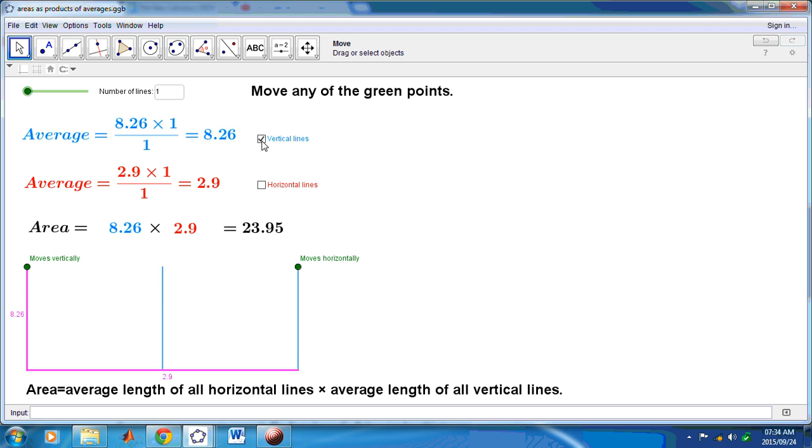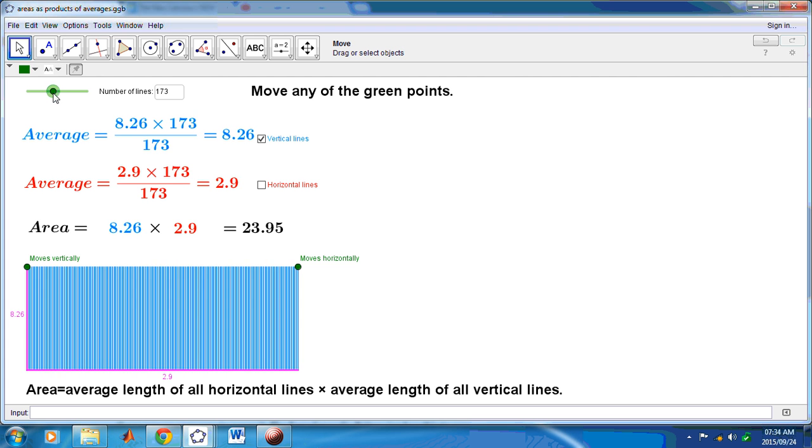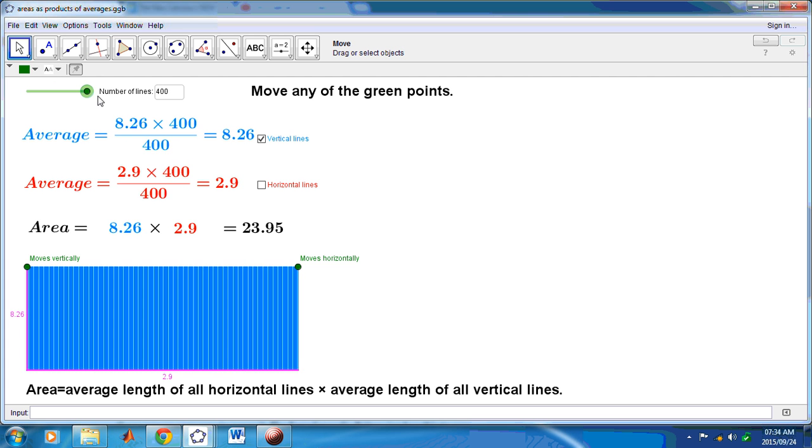Similarly, the vertical lines have as average the length of this line here. So if we take the length of these two vertical lines and average it, we will have 8.26, and it doesn't matter how many lines we have. It'll always be 8.26.